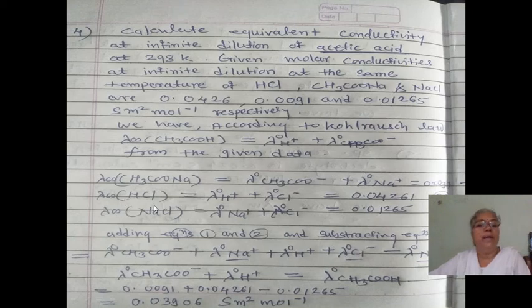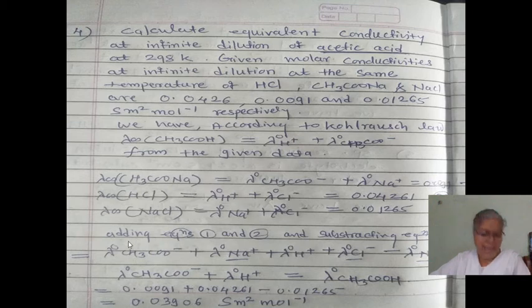Then lambda infinity of HCl is equal to lambda 0 of H plus lambda 0 of Cl minus, and it is equal to 0.4261. And for NaCl, lambda infinity is equal to lambda 0 Na plus lambda 0 Cl minus. Let this be our first equation, this one second, and this one third equation.